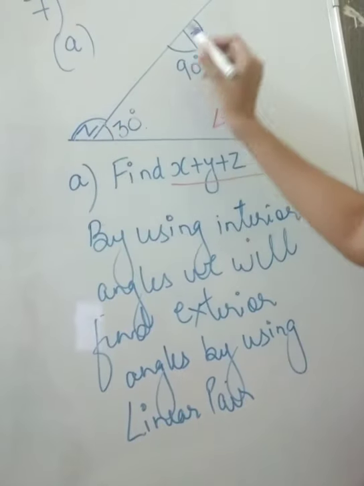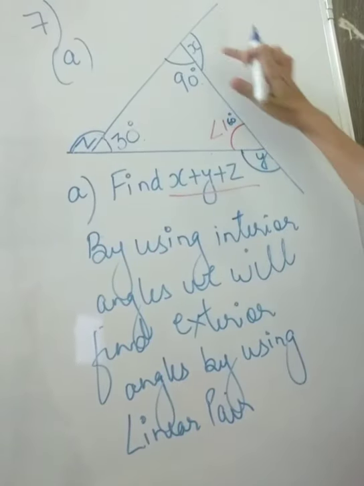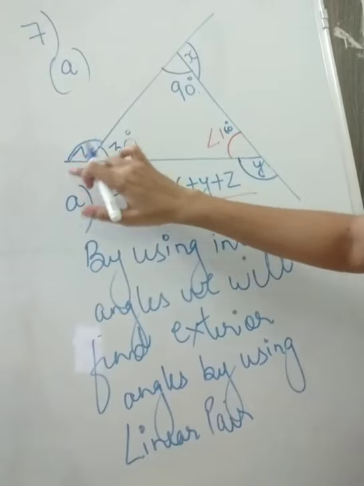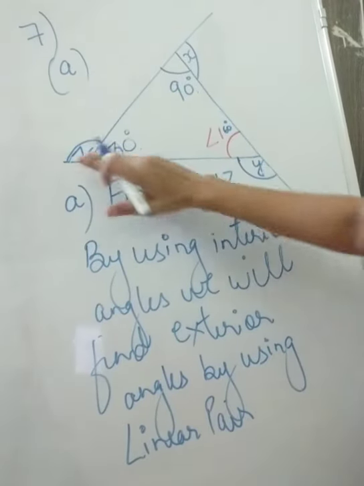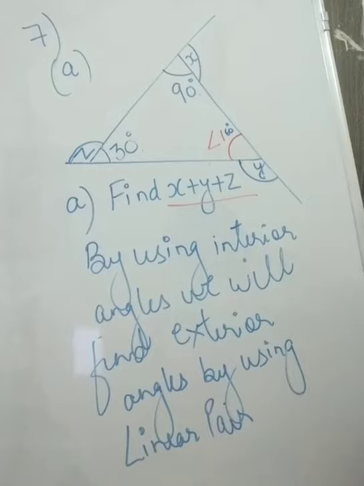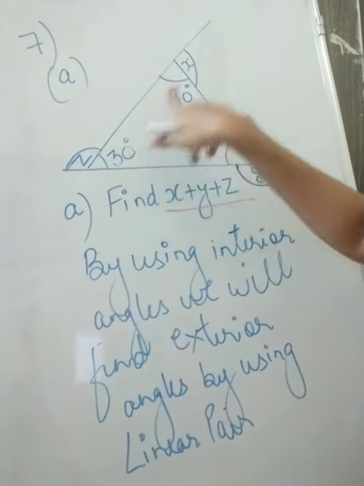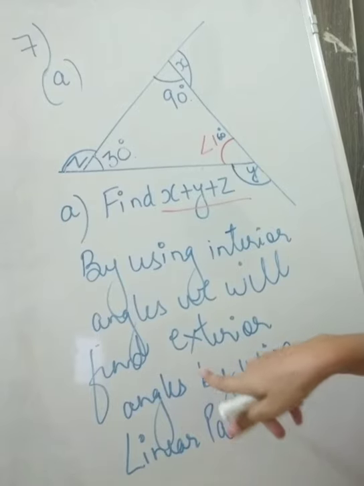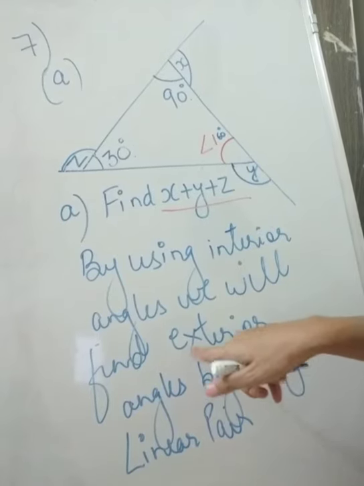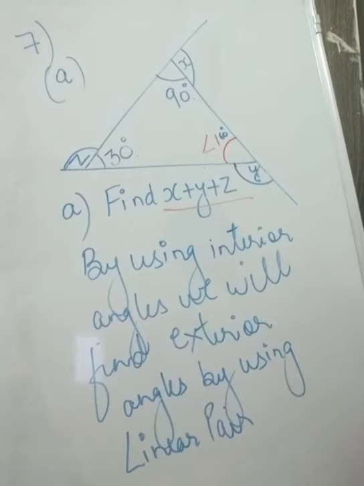Okay, so x, y, z. These three are exterior angles. This is x, this is y and this is z. We will find the value of these exterior angles by using the interior angles. Okay, we will find exterior angle by using linear pair.